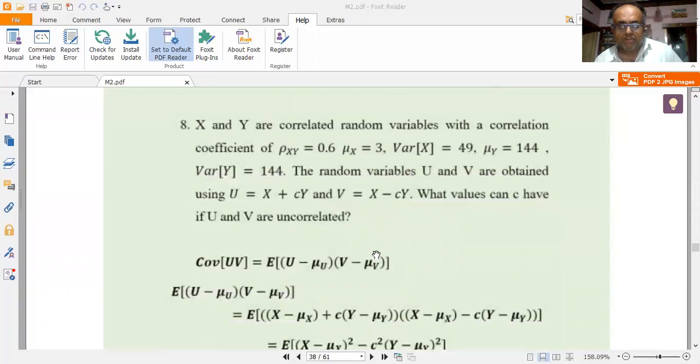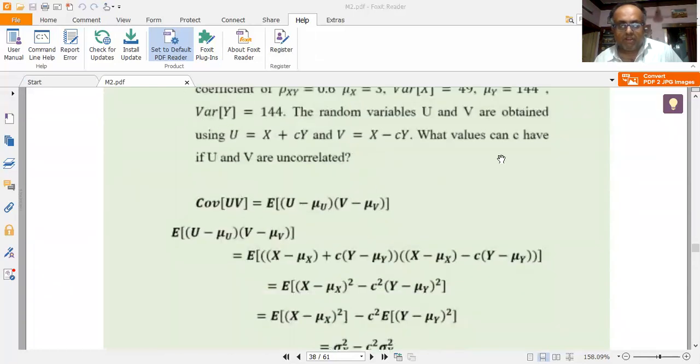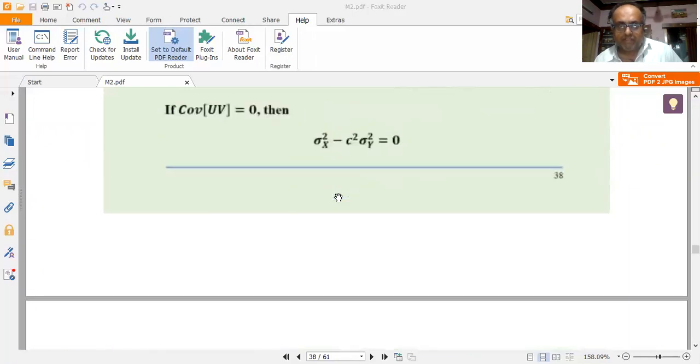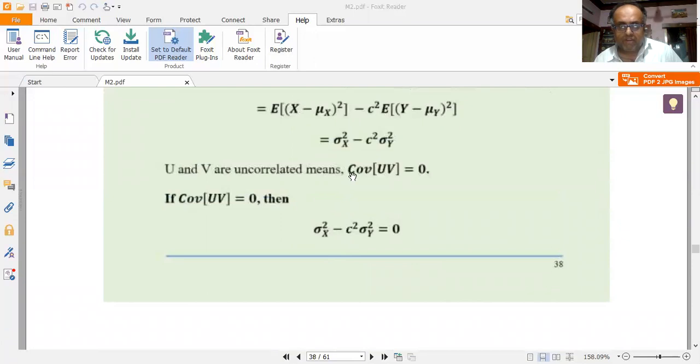Because he has asked what values c can have if U and V are uncorrelated. So if U and V are uncorrelated, then the covariance of U and V should be equal to 0. And if covariance of UV is equal to 0, then sigma X squared minus c squared sigma Y squared should be equal to 0.